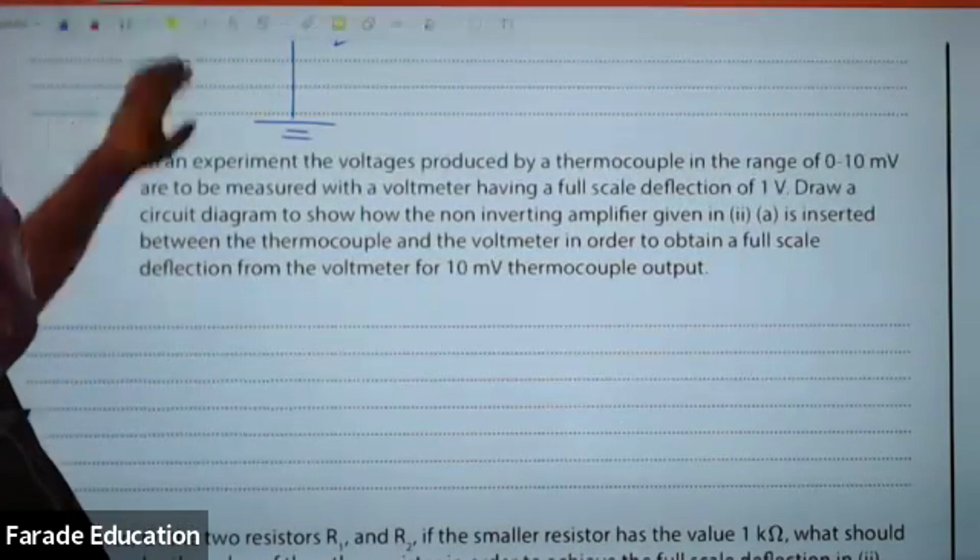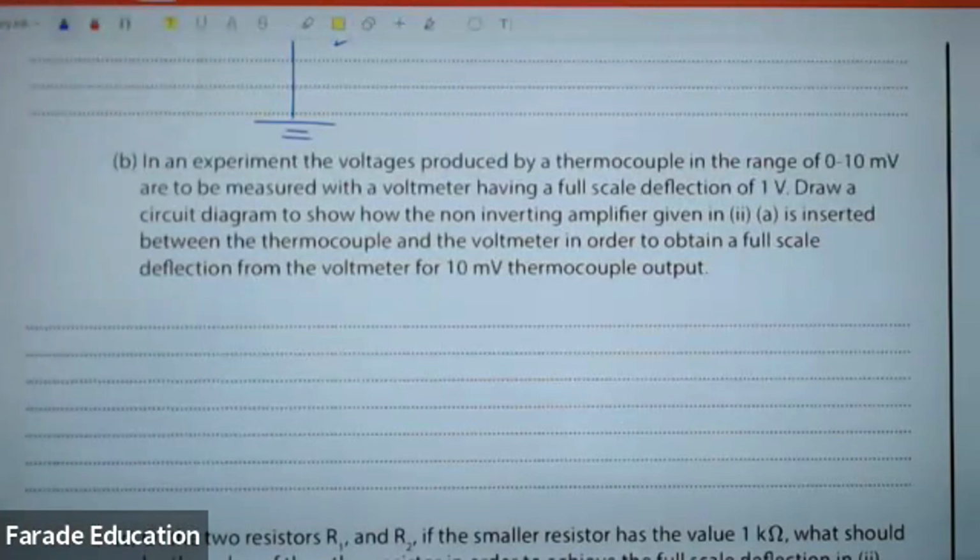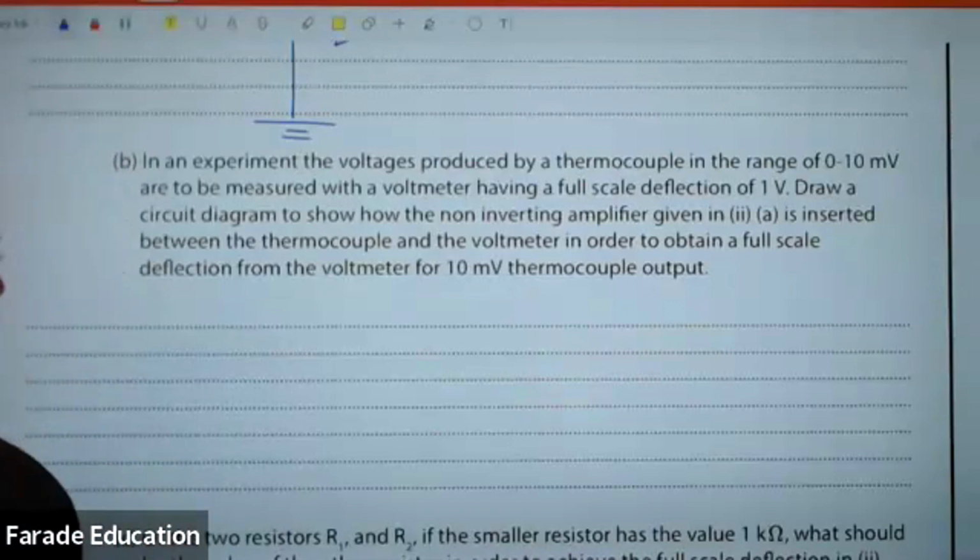In an experiment, the voltages produced by a thermocouple, in the range 0 to 10 millivolts, are to be measured with a voltmeter having full scale deflection of 1 volt. Draw a circuit diagram to show how the non-inverting amplifier given in part 2a is inserted between the thermocouple and the voltmeter, in order to obtain a full scale deflection for a 10 millivolt thermocouple output.